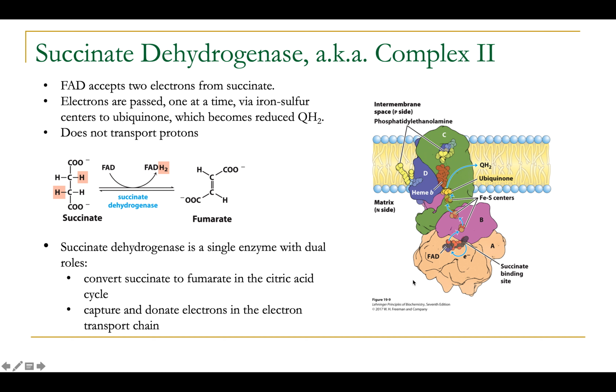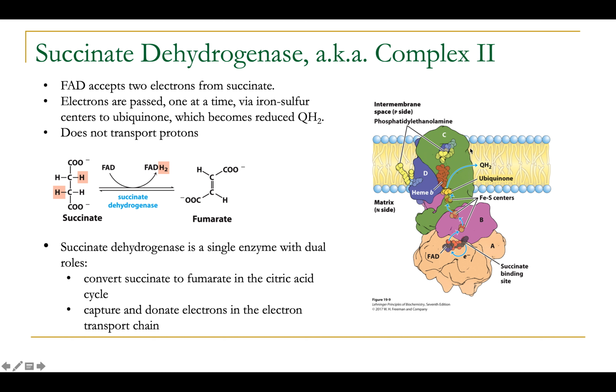Interestingly, unlike complex 1, the transfer of electrons through complex 2 does not result in the pumping of protons across the inner mitochondrial membrane. The bioenergetic reason for this is that the change in the reduction potentials between the FAD within complex 2 and ubiquinone is much smaller as compared to the respective difference between NADH and ubiquinone within complex 1.